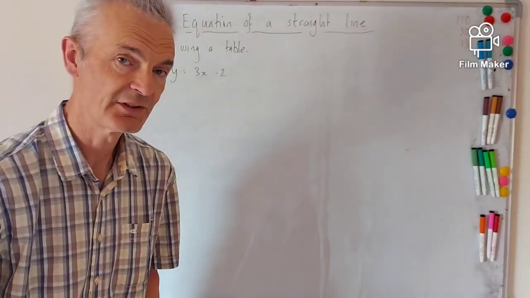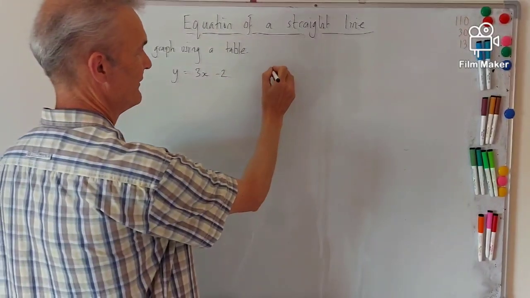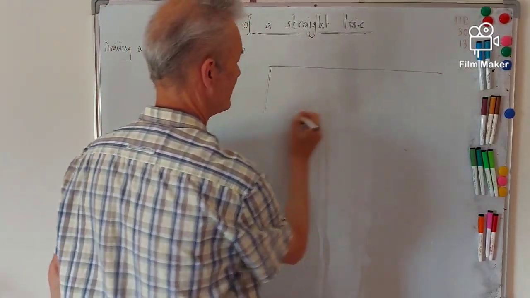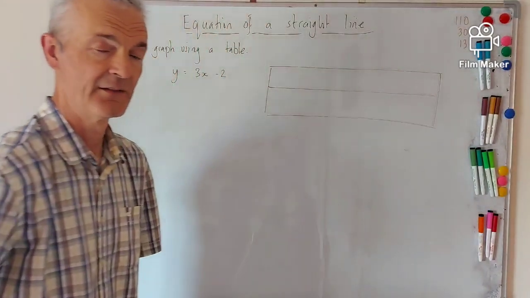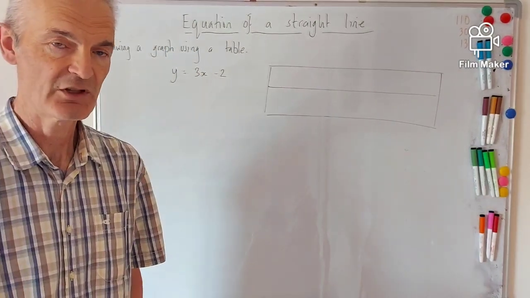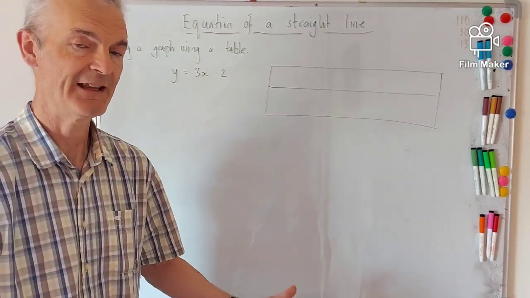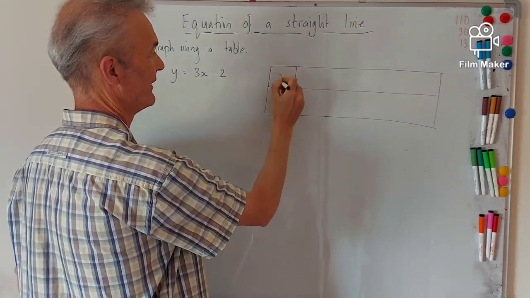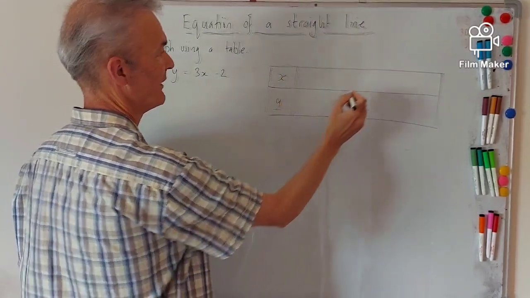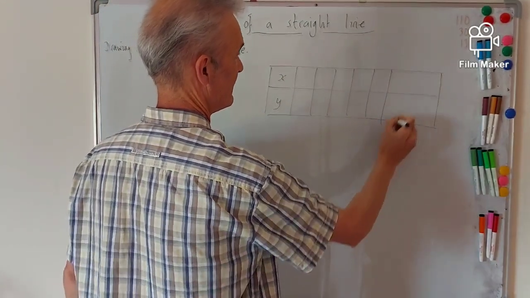What we need in order to do this is some coordinates. Now, the easiest way to do this, and quite often, if this was appearing as an exam question, you'd probably be given a table with some values already in there, and you'd be asked to fill in some more to get you the coordinates. Let's say x and y.